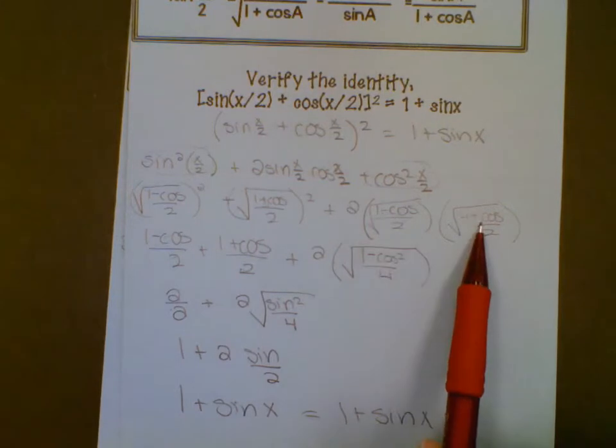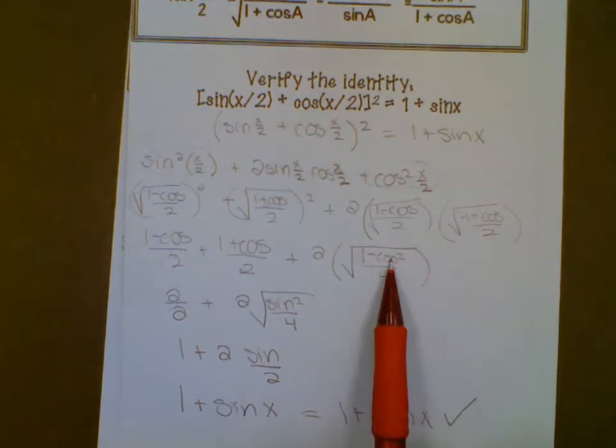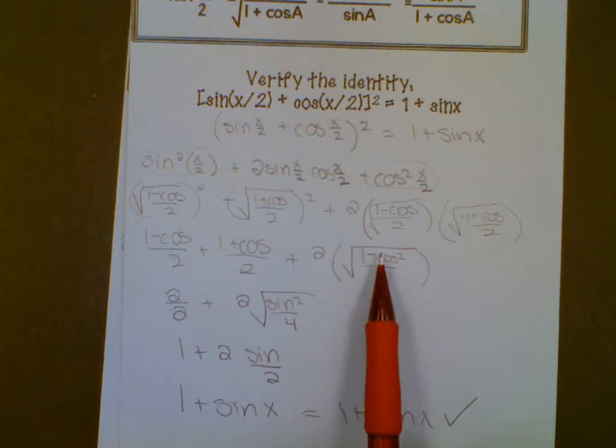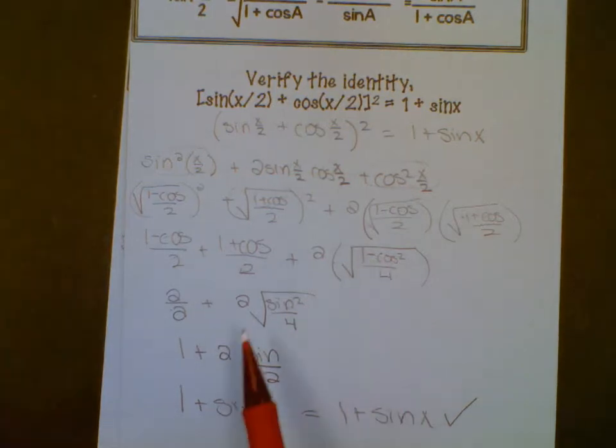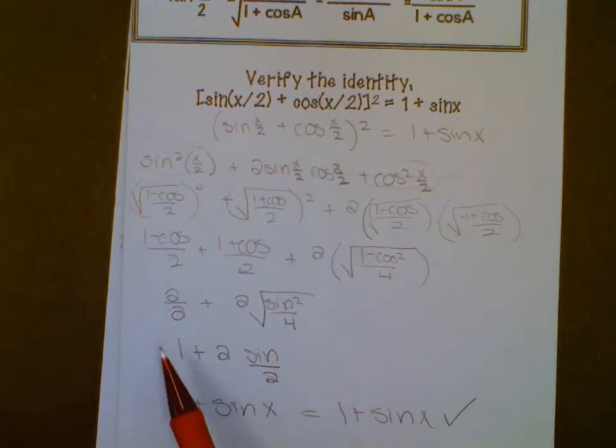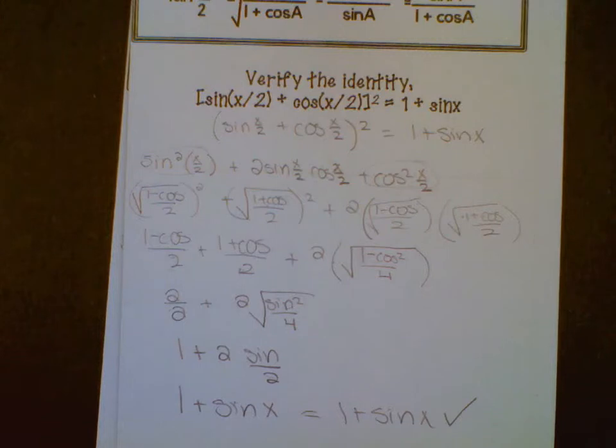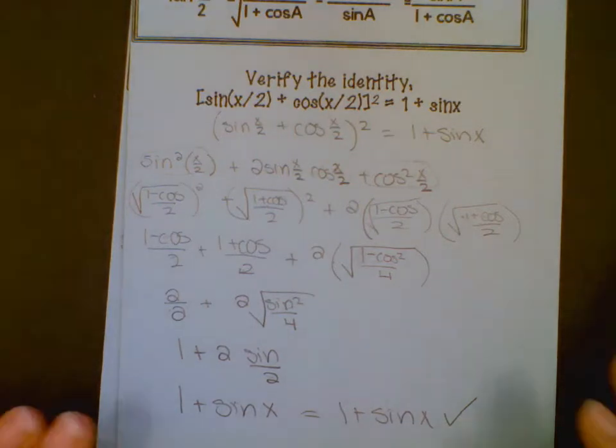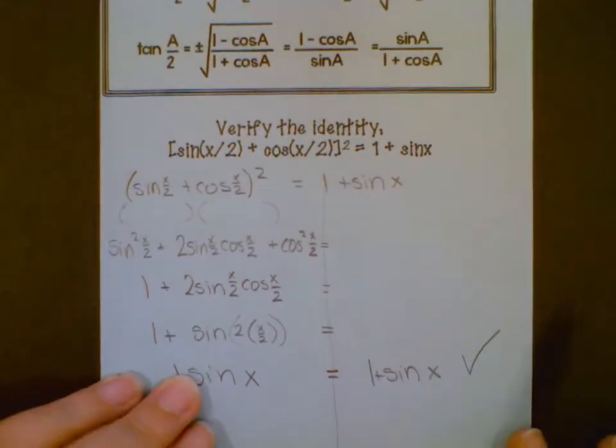Here, you multiply the insides. I FOILed the top. And then I changed 1 minus cosine to sine squared. You take the square root, we get that, and then the 2's would cancel. So that's just a different way to do it. Remember the identities, there's a bunch of different ways you can try them. So whatever way you like best. Remember, if you have questions, remind yourself to ask me tomorrow.